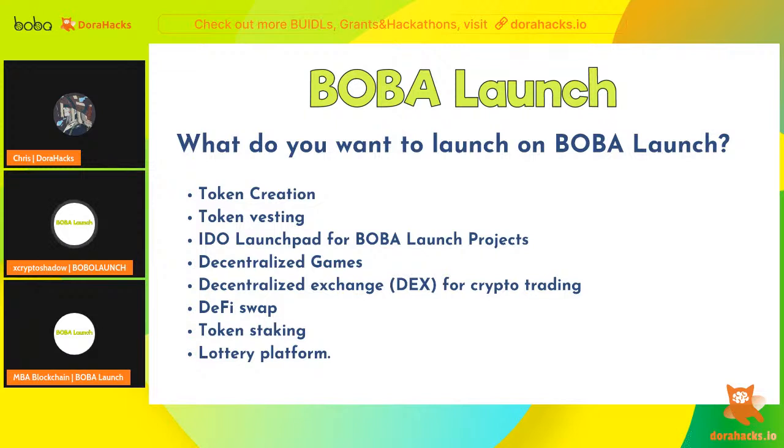You can create a mintable token, or a token with taxation and deflation ready. Deflation means if you want to provide liquidity, you can take a cut from whatever transactions happen on top of your token. We also offer token vesting, launchpad, decentralized game, DeFi swap, token staking, and a lottery platform.